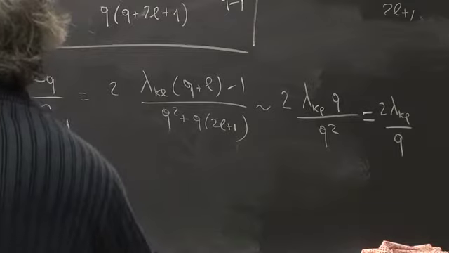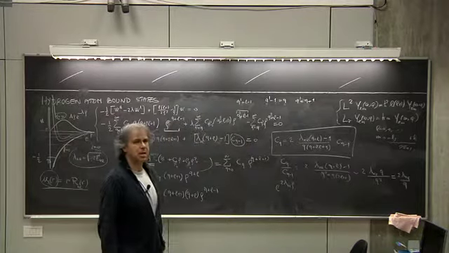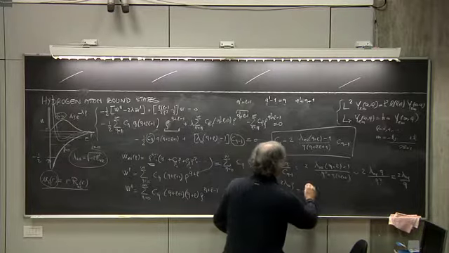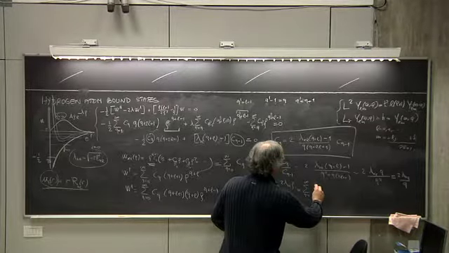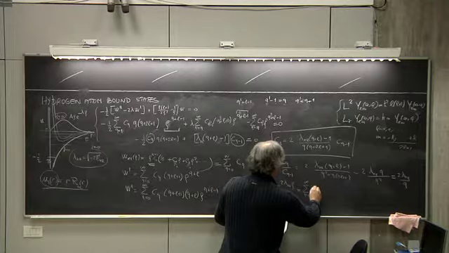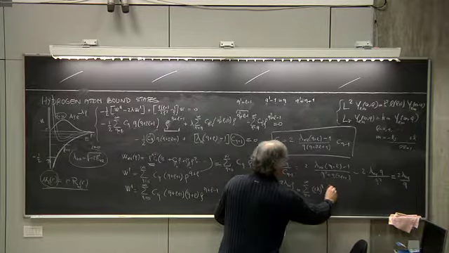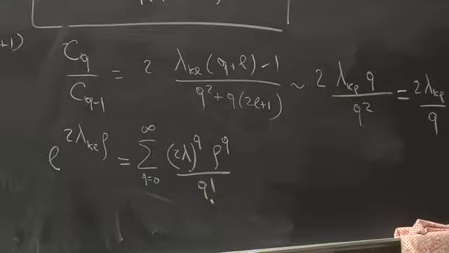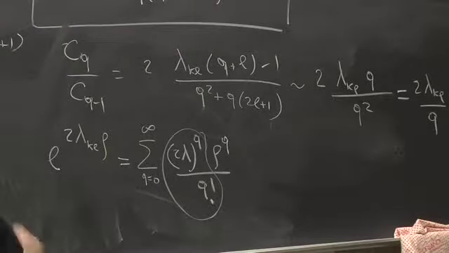Let me look at this object. Consider this function. Let's expand it. If you expand this, you find just a standard expansion from 0 to infinity. You have 2 lambda rho to the power q, divided by q factorial, right? This is the expansion. So this is the C_q. Okay, let us calculate C_q over C_{q-1}.